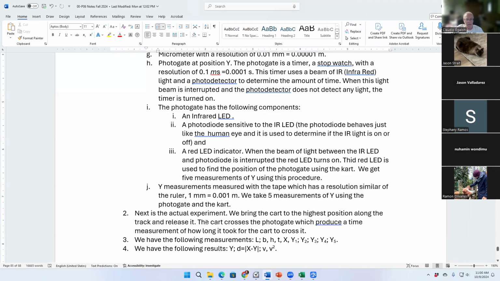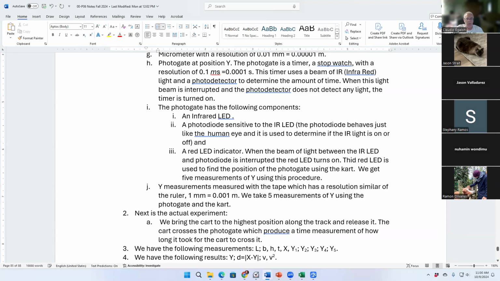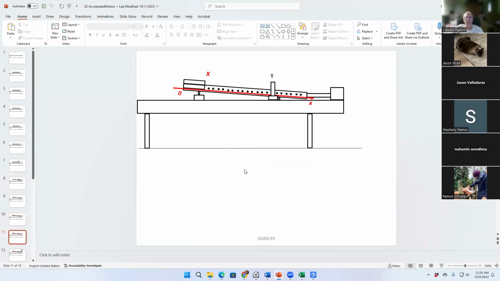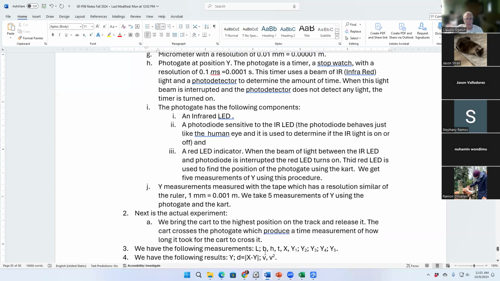And now, next, the actual experiment. Okay, first, we bring the cart to the highest position on the track. The cart crosses the photo gate, which produces a time measurement of how long it took for the cart to cross it.